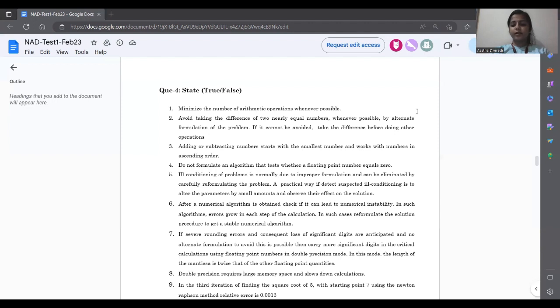Each arithmetic operation requires storage in memory. By minimizing the number of operations, we can reduce memory usage and optimize the use of available resources. So, hence, minimizing the number of arithmetic operations can lead to a more efficient, accurate, and robust algorithm with lower memory requirement. So, the first statement is absolutely true.